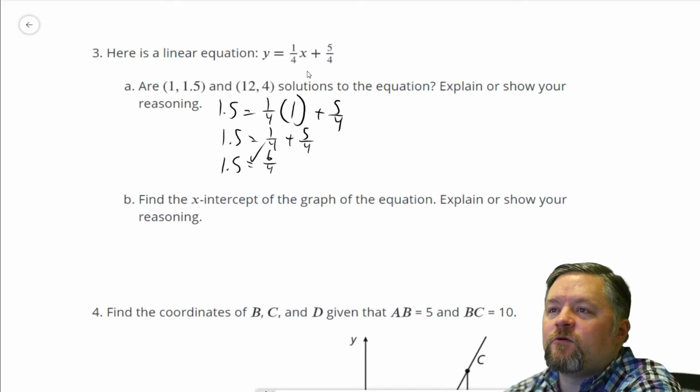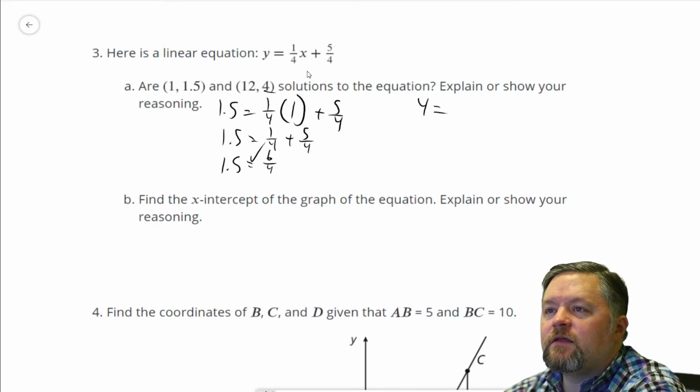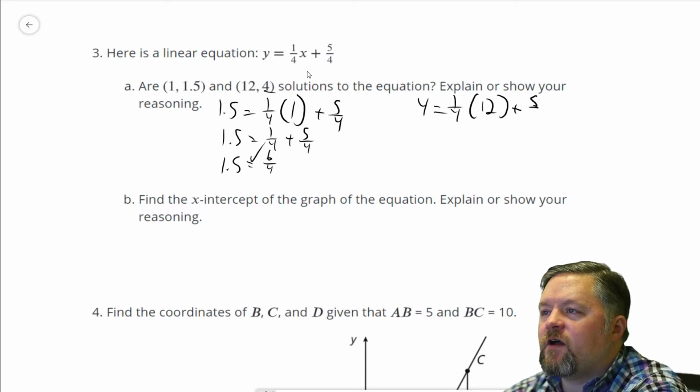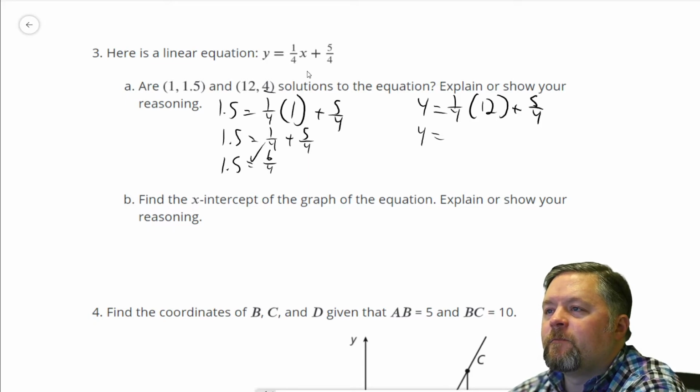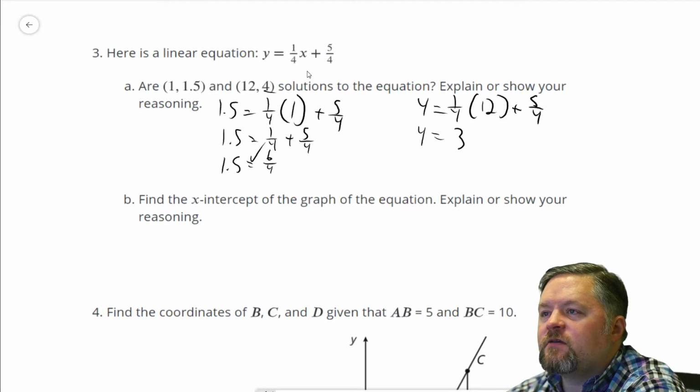Now, one more point. The y value of that point is 4. Equals 1/4 times the x value, which is 12, plus 5/4. 4 equals, what's 1/4 of 12? That's 3.